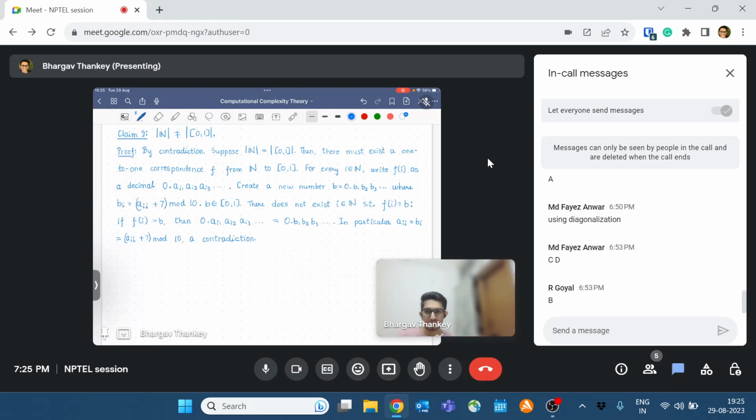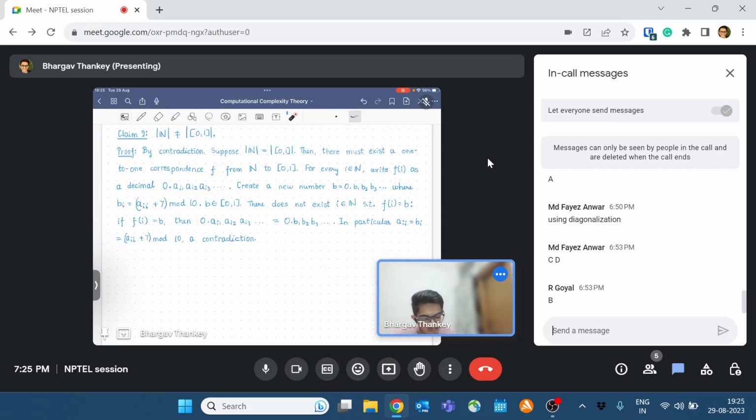Yes, but if you can explain this proof starting from the creation of a new number B again, that would be really helpful. Okay, so even before that, we are going to write every f(i) in its decimal expansion.